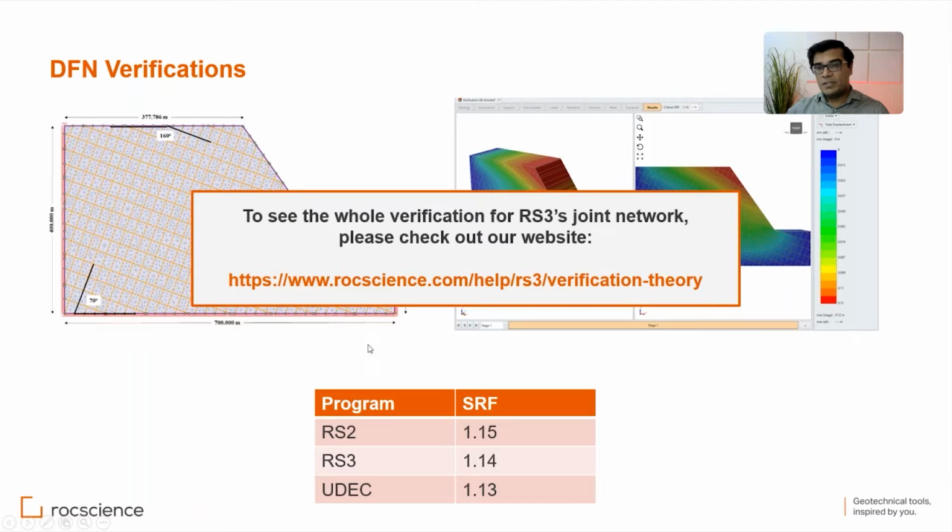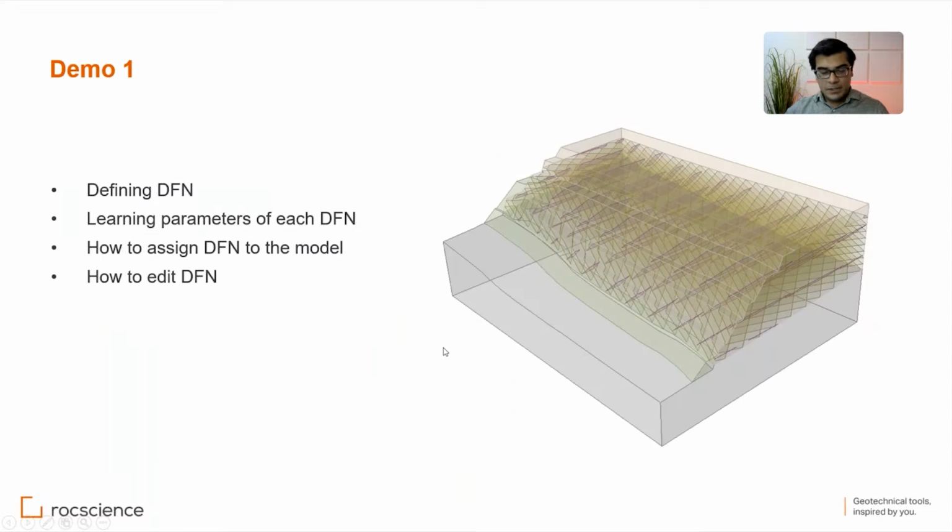If you want to see the full list of this verification and more detail about the examples that I just showed you, you can go to our website and go to the joint verification for RS3. Okay, so now let's dive into RS3 and see how we can define the DFN.